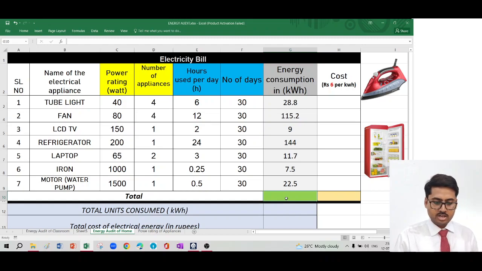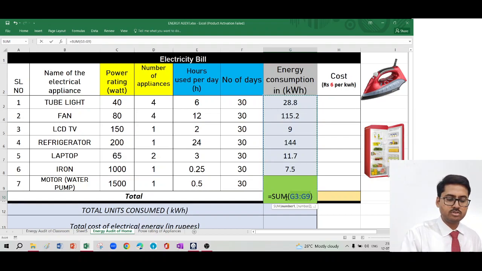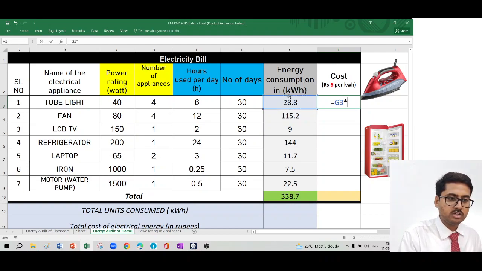So hit alt and equal to, you can get the sum of all this column over here. So it is coming as 338.7 units.